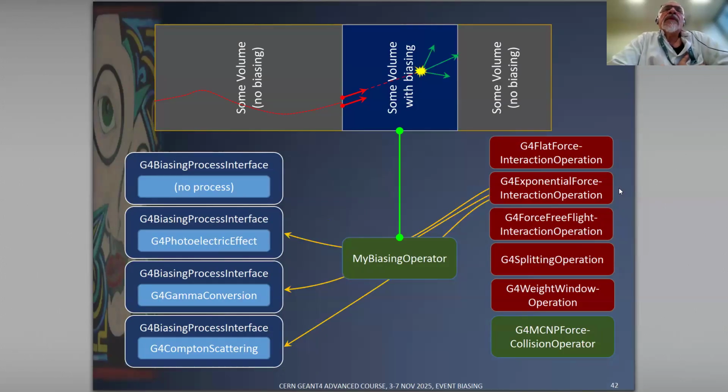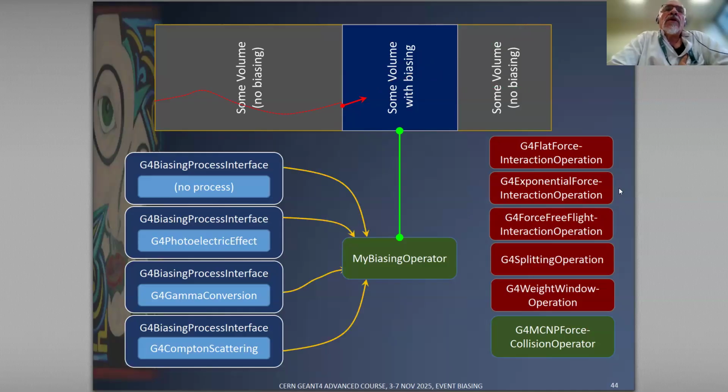And so the biasing process interface asks the biasing operator what to do, and it says do a forced interaction inside the volume. And next slide. So the tracking continues, and at some point, next slide, we come to the second copy, and again the interface asks the operator what to do.